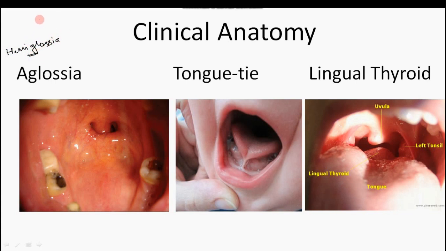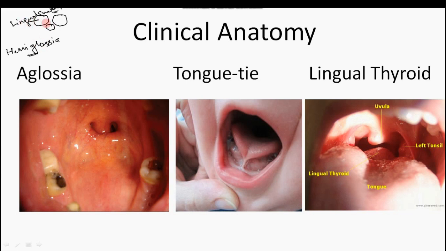As you know, in the development of the tongue, there are two lateral lingual swellings which develop, and one midline swelling. So these lateral lingual swellings develop in a normal course. What happened in case of aglossia?